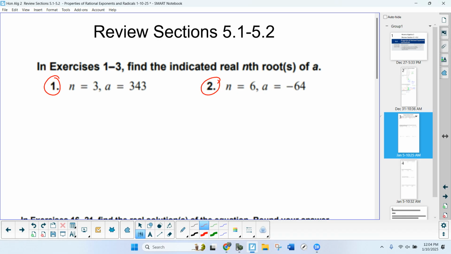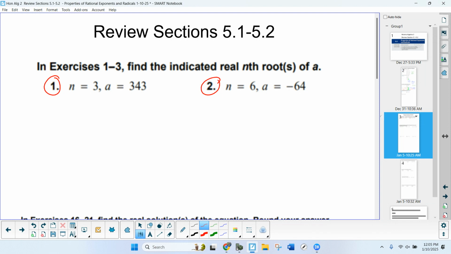Find the indicated real nth root or roots of A. Some of you are using your calculator, which is fine.